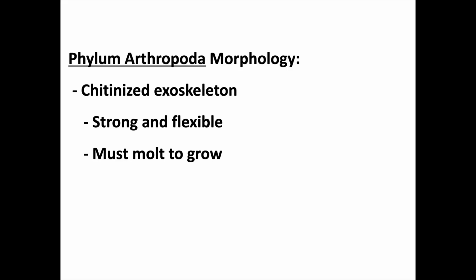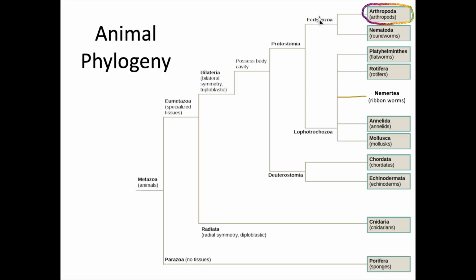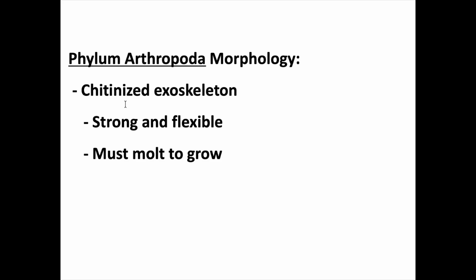Another thing is their chitinized exoskeleton. Of course, these arthropods are part of Ecdysozoa, so they have an exoskeleton. Nematodes technically had an exoskeleton as well, although it wasn't very thick. These arthropods take their exoskeleton a step further and chitinize it.